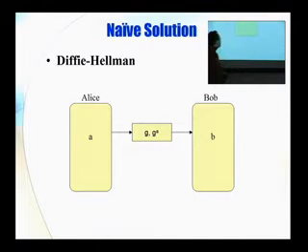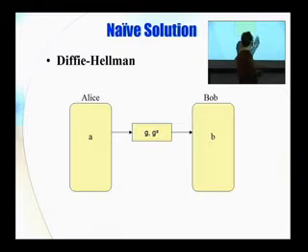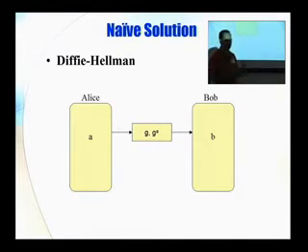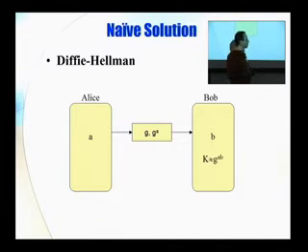What Alice has to do is come up with a random value G, and then produce the equivalent of a public key by raising G to the power of A and sending that to Bob. Now, with those two, Bob can calculate the encryption key, we'll call that K, by taking G to the power of A and raising it to the power of B, his private key.